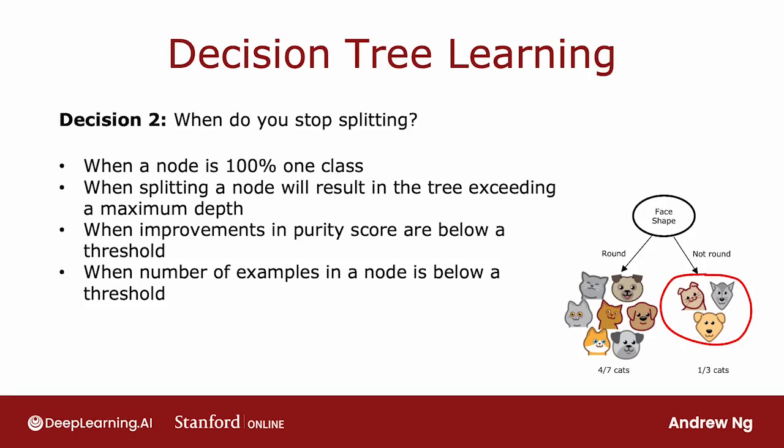And rather than splitting this into even smaller subsets, if you decided not to split further sets of examples with just 3 or fewer examples, then you would just create a decision node. And because there are mainly dogs, 2 out of 3 are dogs here, this would be a node that makes a prediction of not cat. And again, one reason you might decide this is not worth splitting on is to keep the tree smaller and to avoid overfitting.